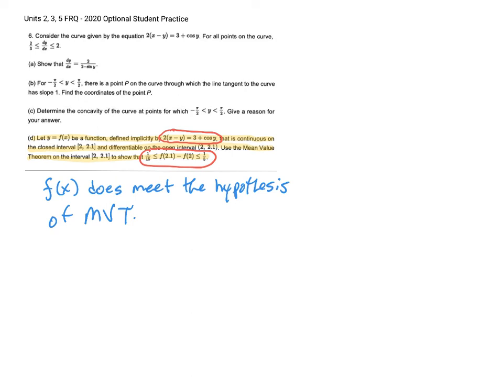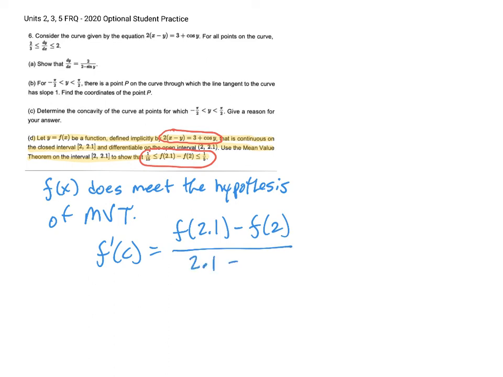That means that there exists a c in that interval such that f prime of c equals f of 2.1 minus f of 2 over 2.1 minus 2, for some c in 2 comma 2.1. Now we don't care what c is right now. We just know that that's the setup for the mean value theorem.